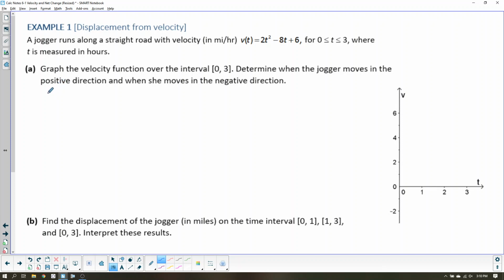So in order to graph it, the first thing that I want to do is figure out when the velocity is 0. So if we set that function, 2t squared minus 8t plus 6, equal to 0, the first thing that I would do is factor out the 2.